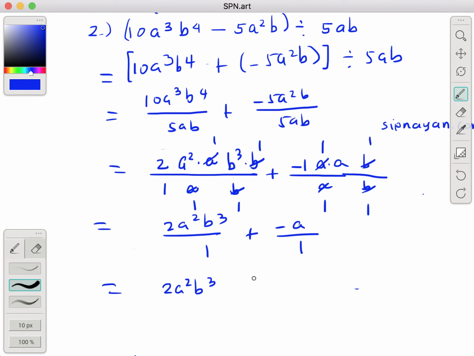And then, ang negative a over 1 ay, syempre, negative a. Okay? And, sabi natin, pag final answer na, kung meron tayong plus negative, gawin na natin siyang minus, para mas nababawasan yung ating mga symbols. So, 2a squared b cubed minus a. Yan ang pinakasagot natin.